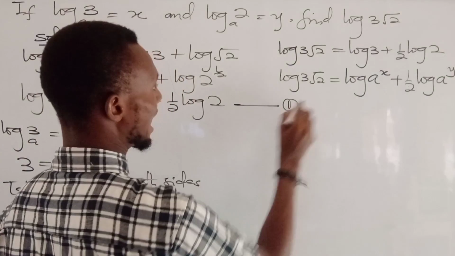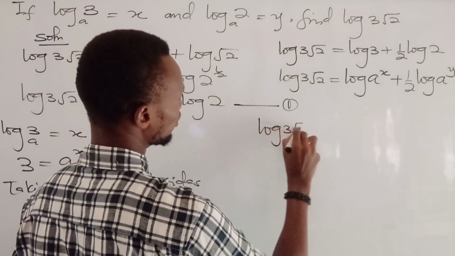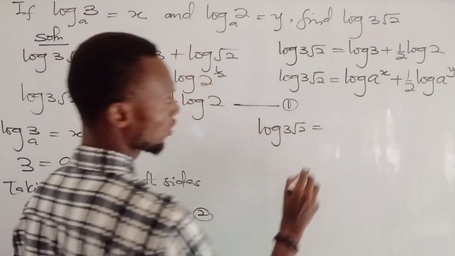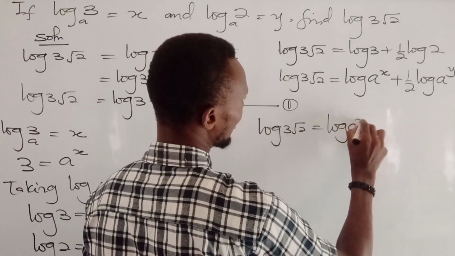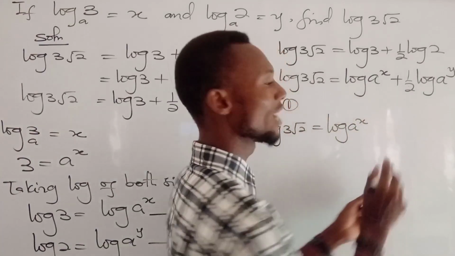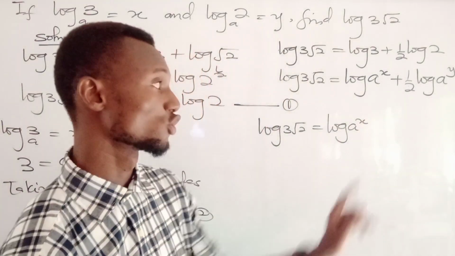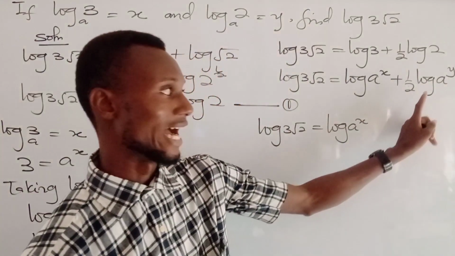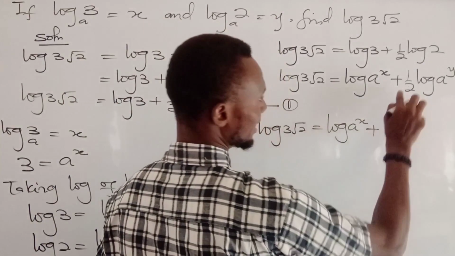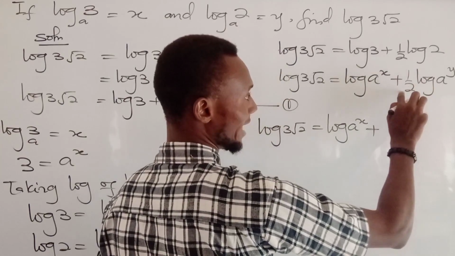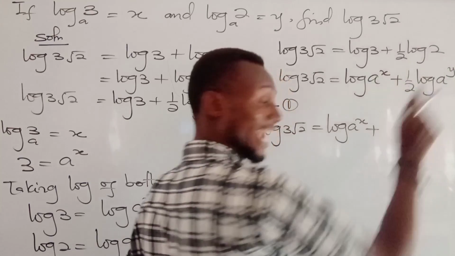So I have that my log 3 root 2 will be equal to, now I'm going to repeat this log a to the power s, which is here. Then we are going to apply one of the laws of logarithm to write this one in another way. So now it's going to be plus, then this 1 over 2, which is here, will come back to become a power to a to the power y.